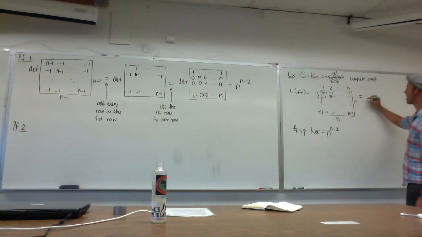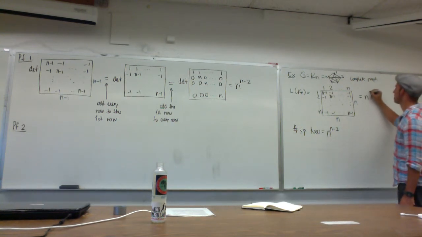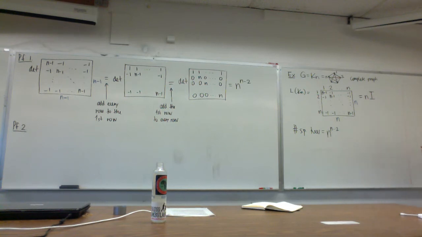What happens when I subtract n times the identity from this matrix? You just get a bunch of negative ones. So this is nI minus J, where I is the identity and J is the all ones matrix.